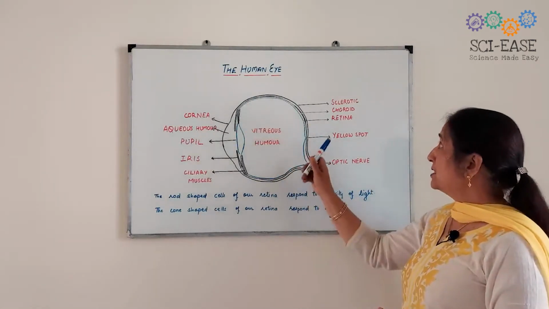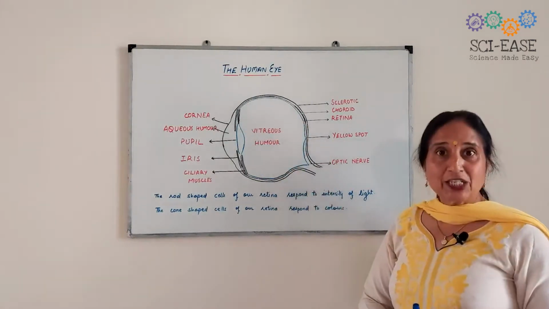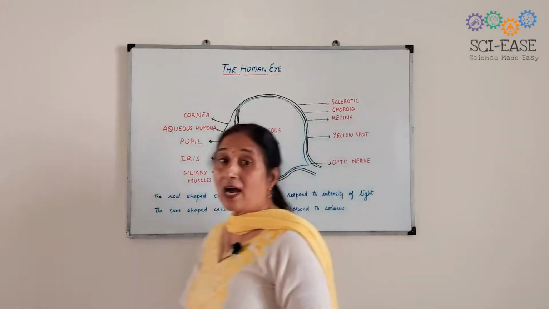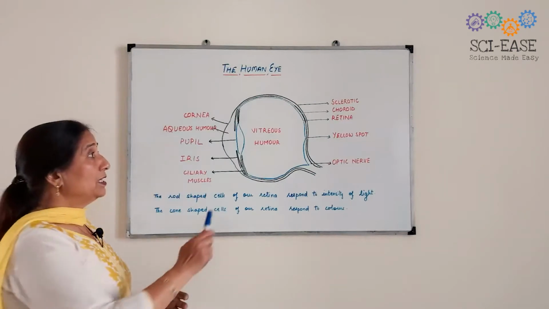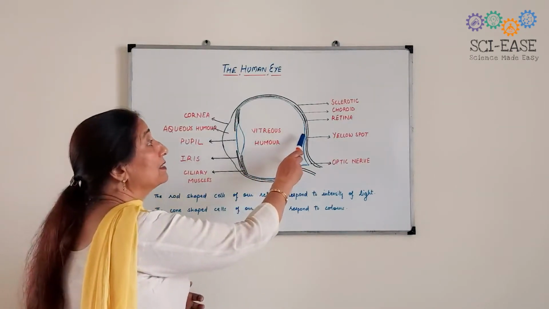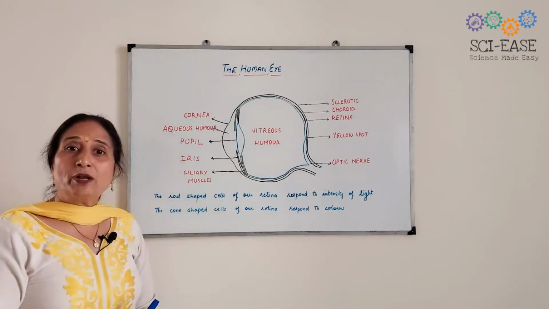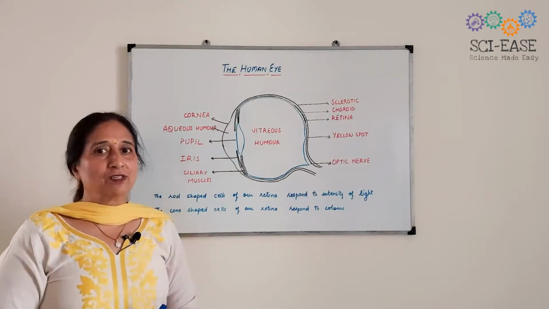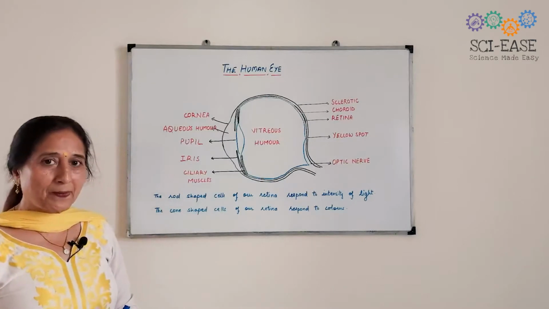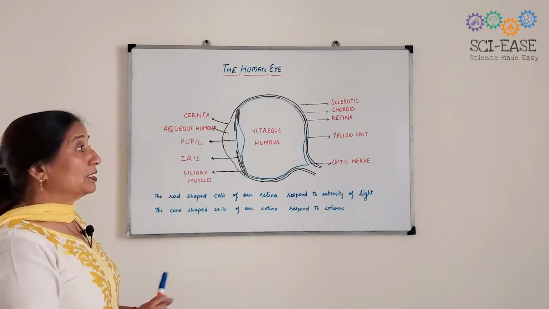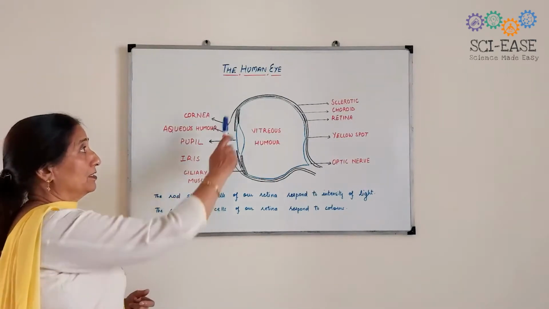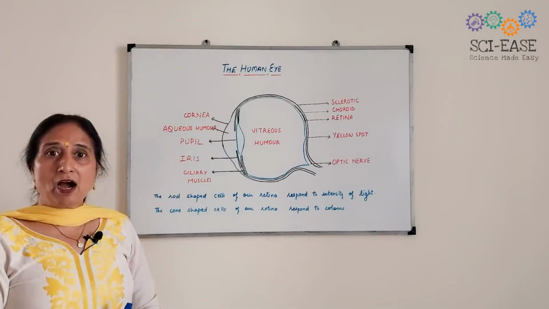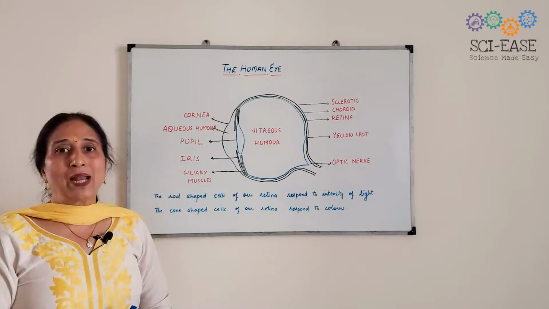The outermost layer, sclerotic, gives protection to the eye. And retina, as I have told you, is the layer on which the image of the object is formed. Now, the front part of the eye, which is bulging outwards, is known as the cornea.